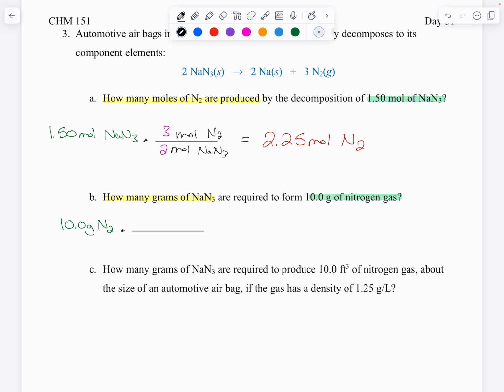Well, it looks like molar mass has to go on the bottom, grams of N2. 1 mole of N2, so that's what, 28.02. All right, now we're in moles of N2. It looks like I can go moles of N2 to moles of NaN3. And if we do this, 2 on the top, 3 on the bottom. But we're not done yet, because we need to go all the way to grams.